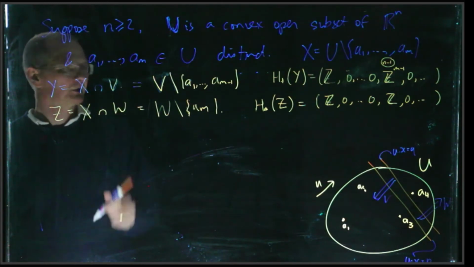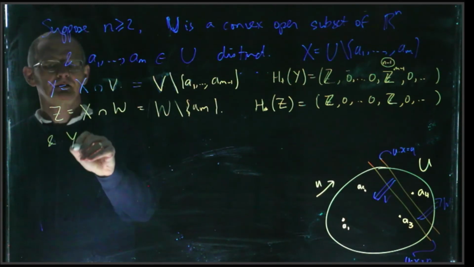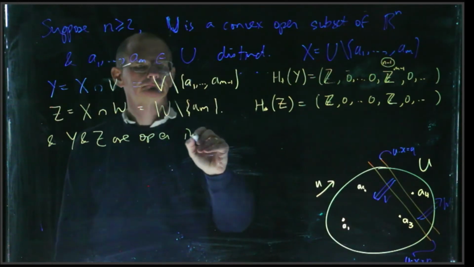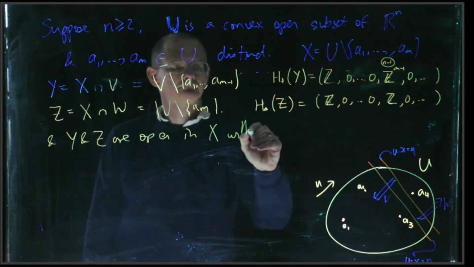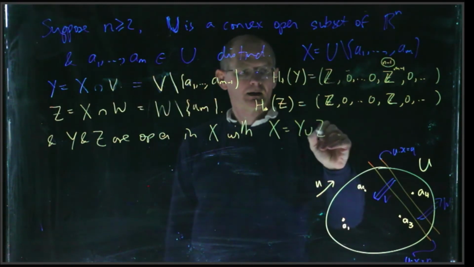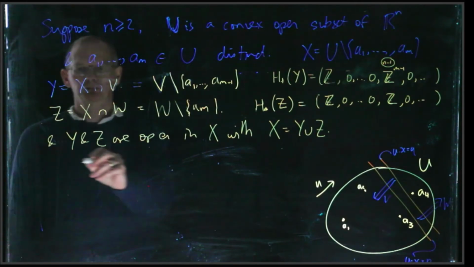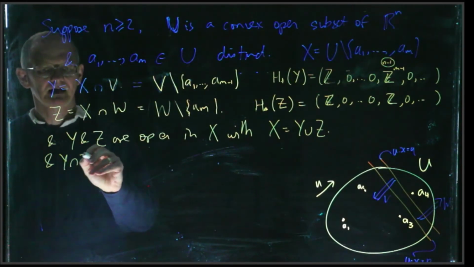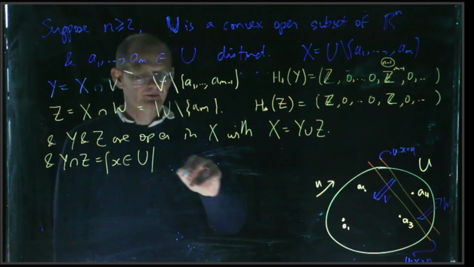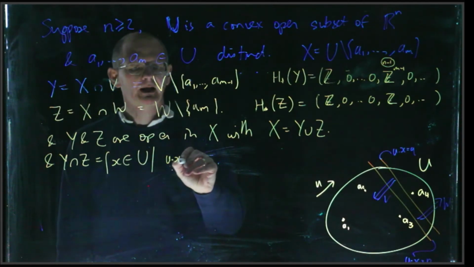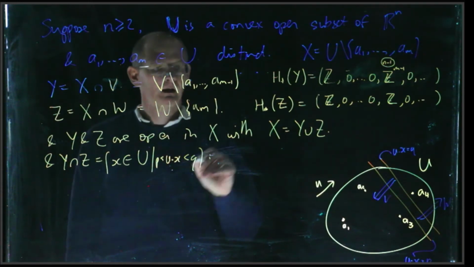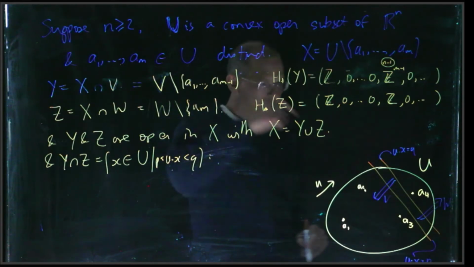Okay, so that's the homology of Y and Z, and Y and Z are open in X. And X is the union of those, and Y intersect Z is just the set of x in U with u dot x between P and Q. There are no points to remove in this band.